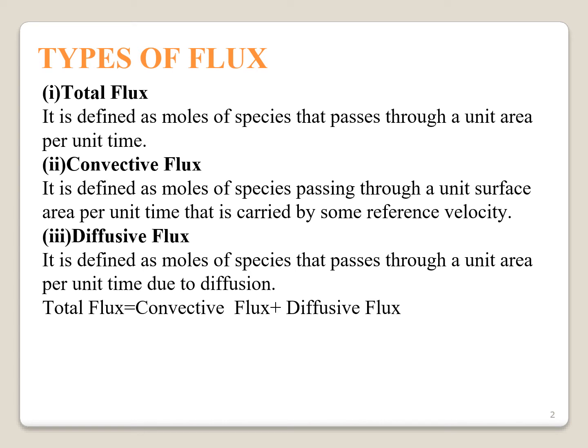Total flux or rate of diffusion is denoted by Na, which is equal to diffusive flux or molar flux, denoted by Ja, when we consider convective flux to be 0. So in this case only we take total flux equal to diffusive flux. Ja is equal to Na.